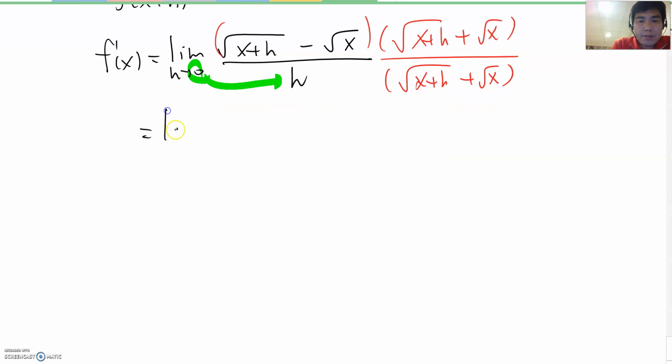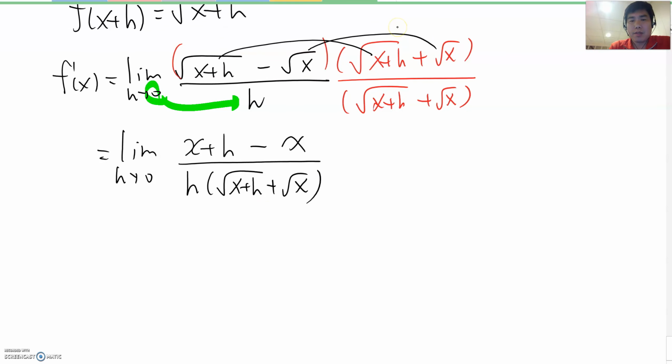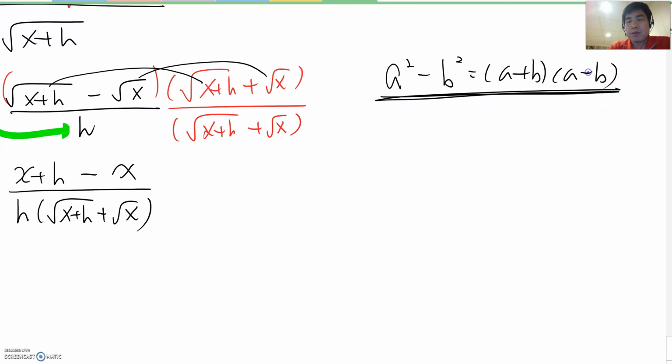Then this becomes the limit as h goes to 0 of x plus h minus x over h times square root of x plus h plus root x. You may wonder why I didn't FOIL this time: I'm using the factoring form a squared minus b squared equals a plus b times a minus b. Please remember this factoring form because you will use it a lot.